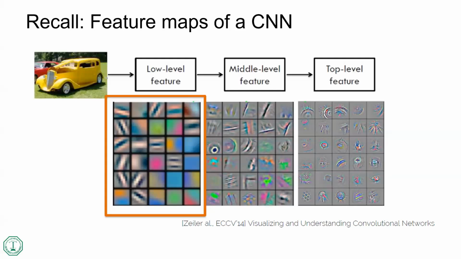And at the top one, you start to see objects like wheels, or something circular like the jet of an airplane. But the low-level features, for us, are not understandable. They might be a combination of abstract circles, abstract corners, and so on.